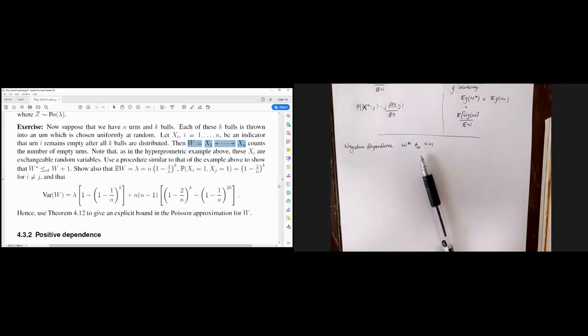And we can use the same kind of coupling idea that we just had, and I'll leave that to you to think about, to tell me that my negative dependence assumption holds. And again, once I've got the first 2 moments, that lets me write down an explicit upper bound.